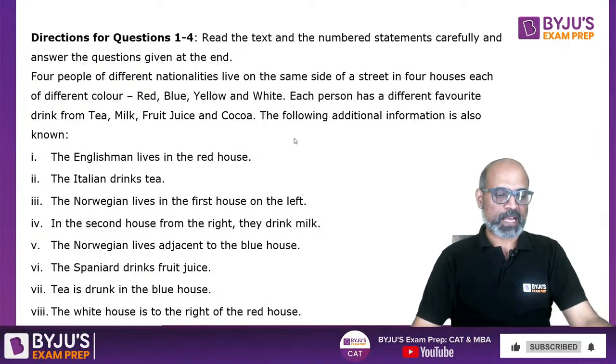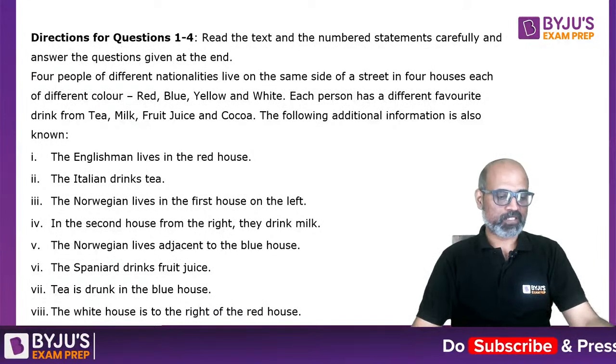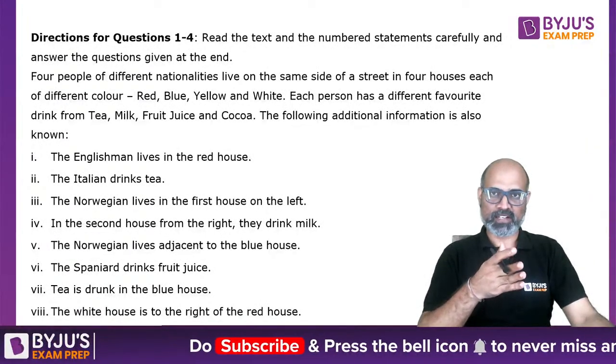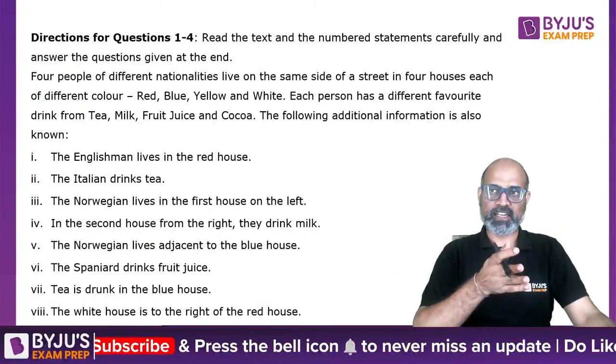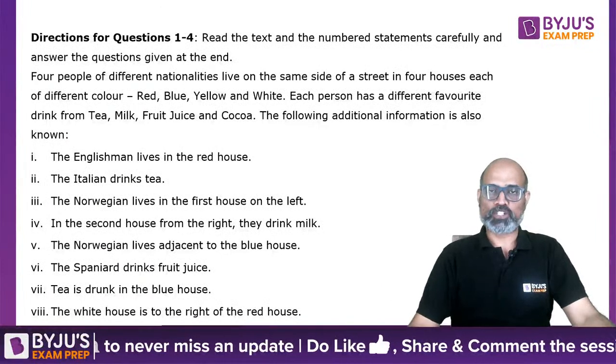So which should be the primary column? What shall we fill first? Shall we fill the name of the people? Shall we fill the drinks that they have? Shall we fill the color of the houses? What shall we fill first?